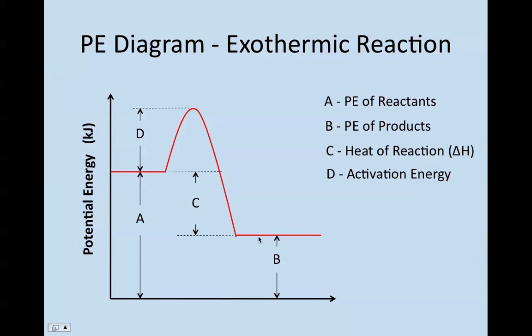So I would simply subtract products minus my reactants, which is represented by line segment C. And then finally, that very important activation energy, that's always going to be the difference between my reactants and the activated complex, which is up at the top. So I have A, B, C, and D that we just discussed.